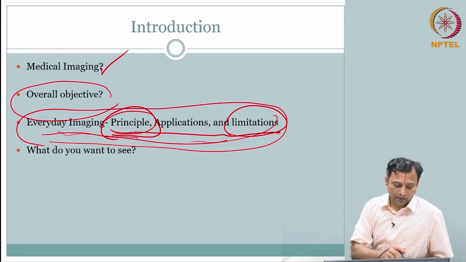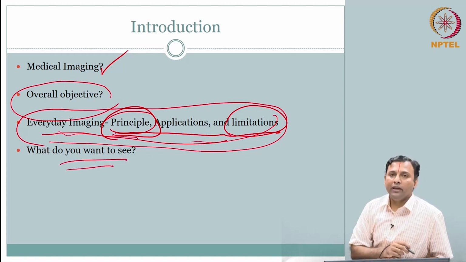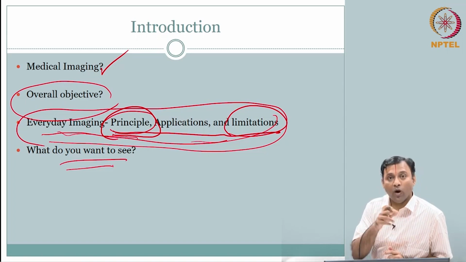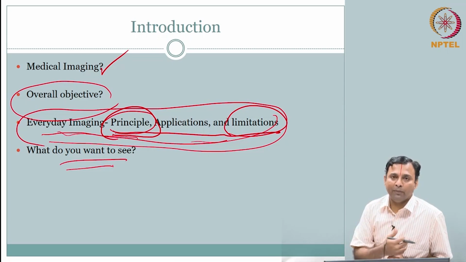That is what I mean by what do you want to see. You want to see some parameters. What is the attribute of that parameter? What are the units of that parameter? What is it correlated with in the underlying physiology or the anatomy, what aspect? I think that is the tricky question that we will get a picture of as we go along.